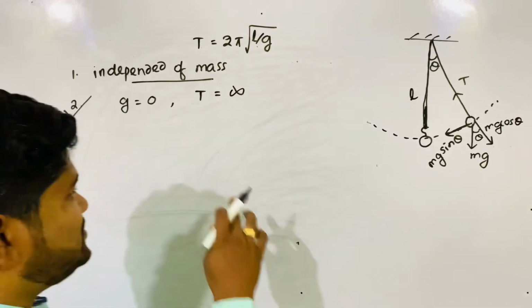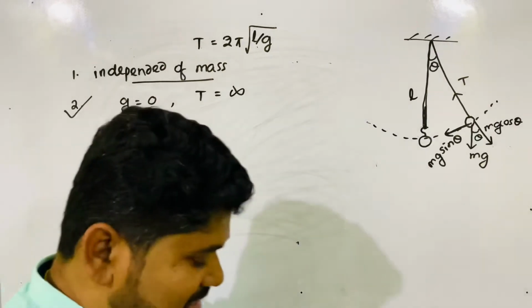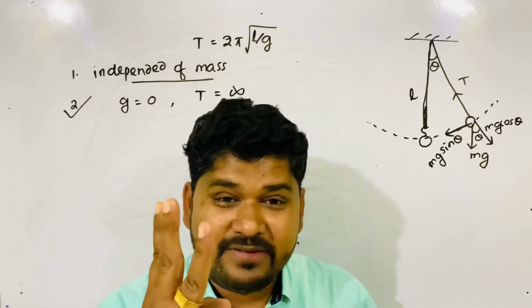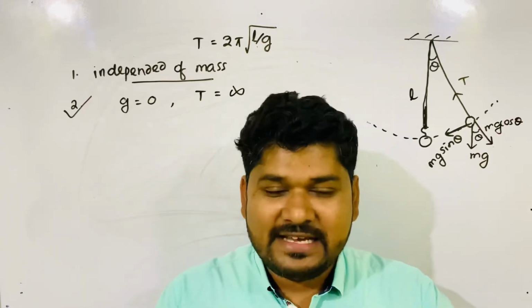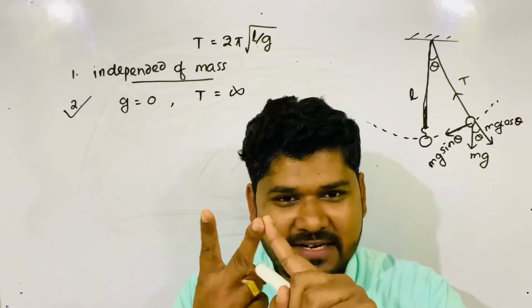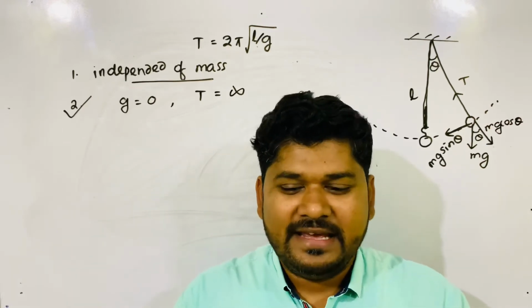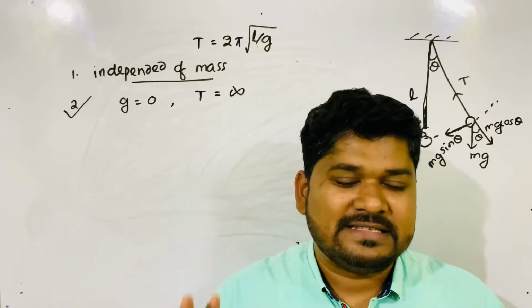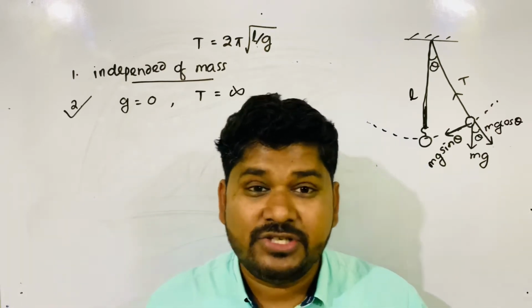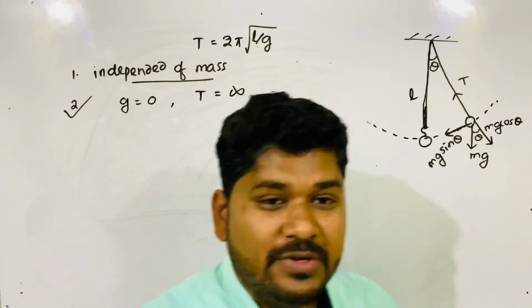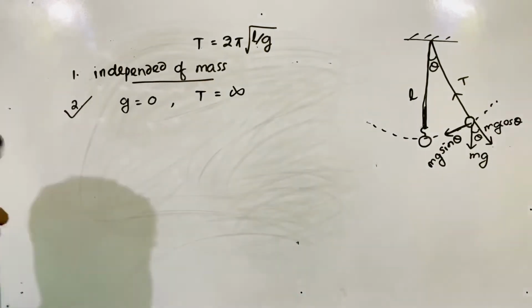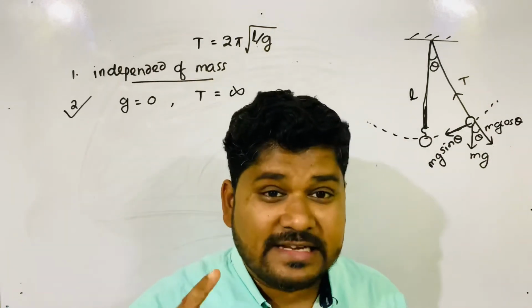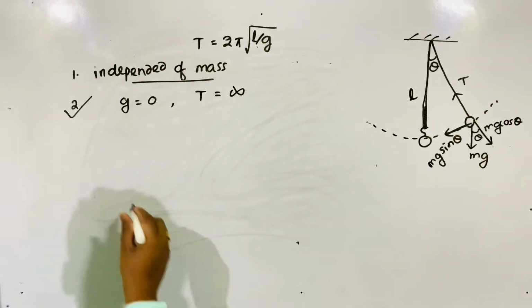Means time period is also infinite. So from one concept again 3 questions come: inside a satellite, at the center of Earth, inside a freely falling lift. In these 3 cases, effective value of g is equal to 0. So time period is equal to infinite. Very, very important questions will be asked in the exam, 1 mark question.